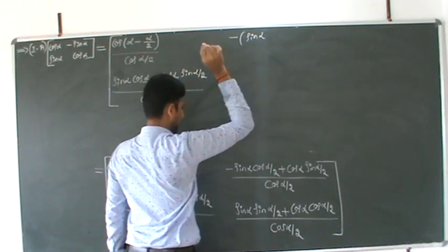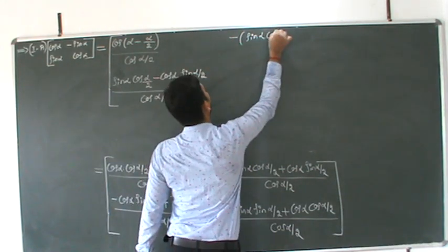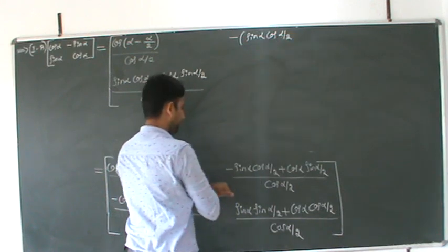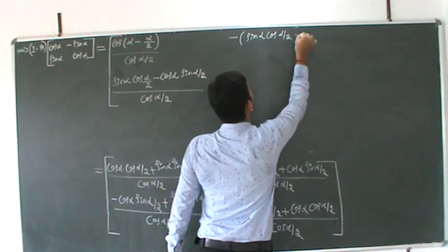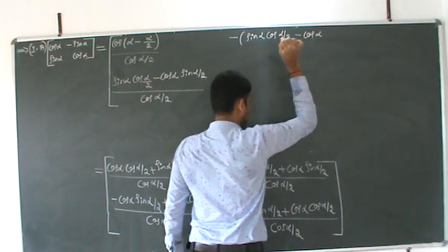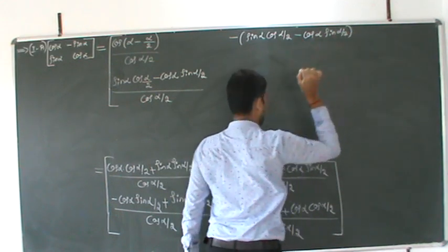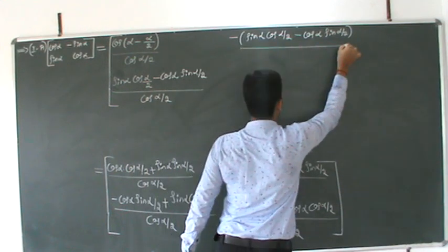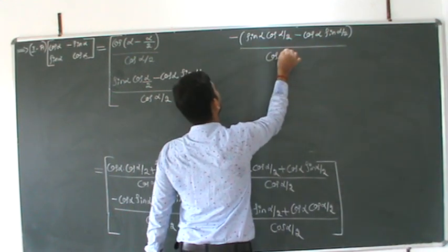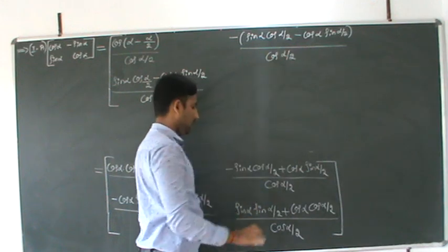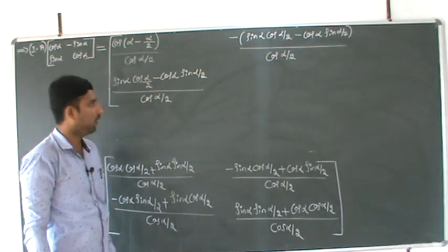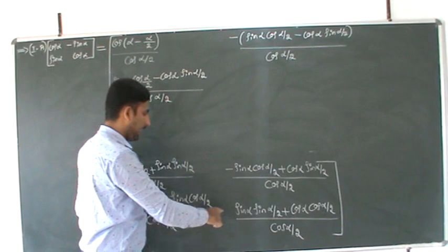You write it as sin alpha cos alpha by 2 minus cos alpha sin alpha by 2, bracket close, whole divided by cos alpha by 2.